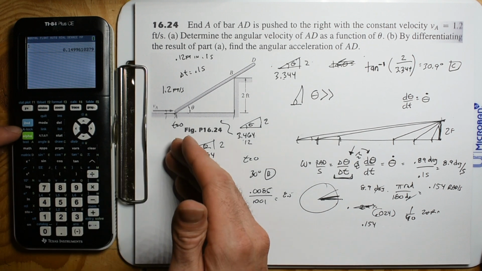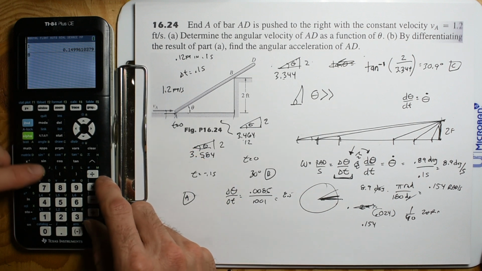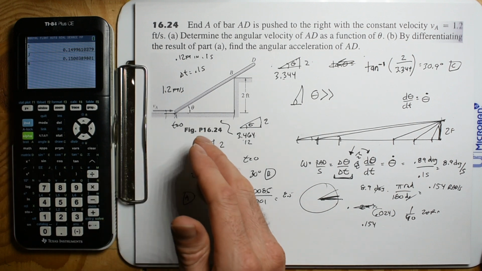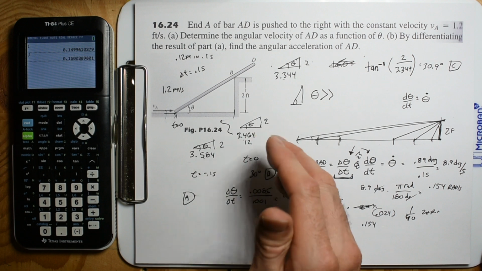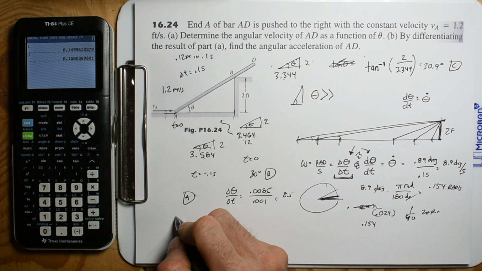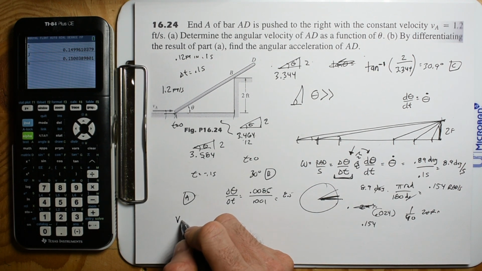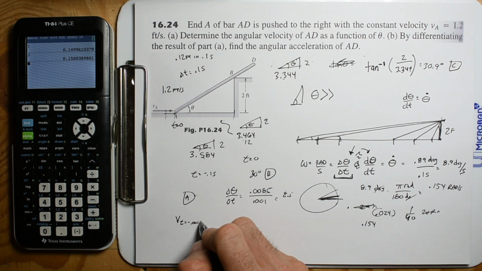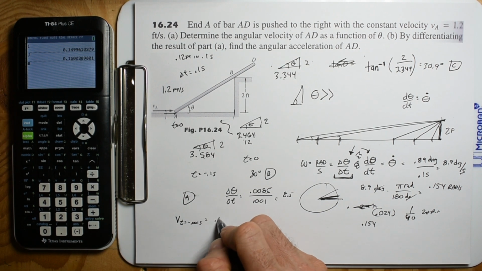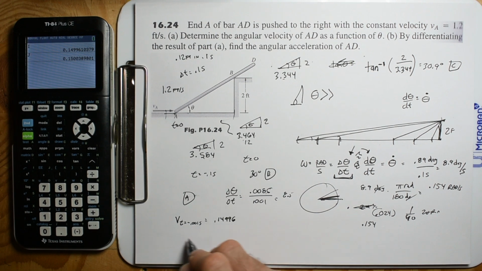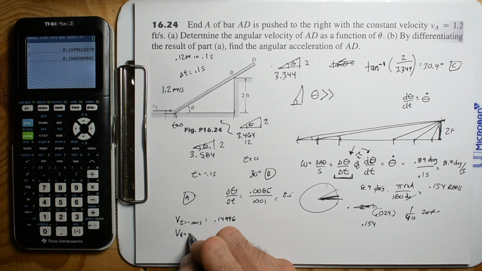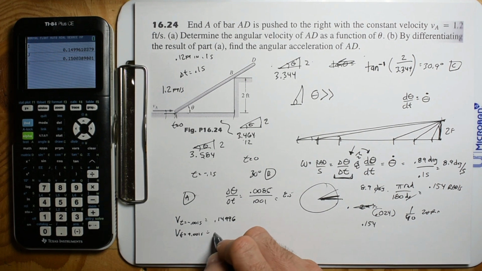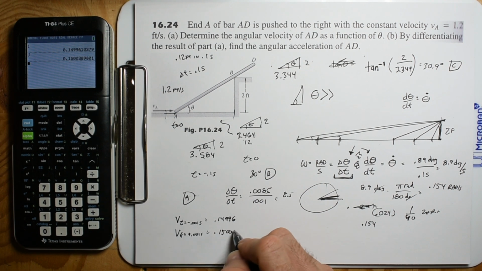So our speed going in is 0.149. Our speed going out is 0.150. So now we have these two velocities. We have this velocity at t is equal to minus 0.001 seconds, and that's going to be 0.14996, and then we have v at plus 0.001 seconds, and that's going to be 0.1500.